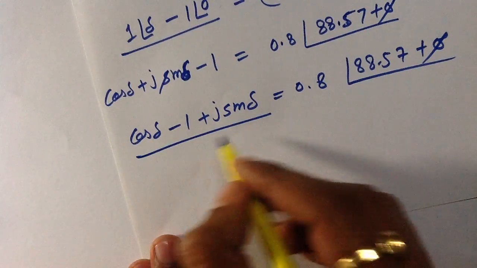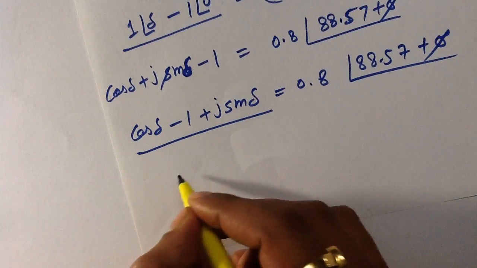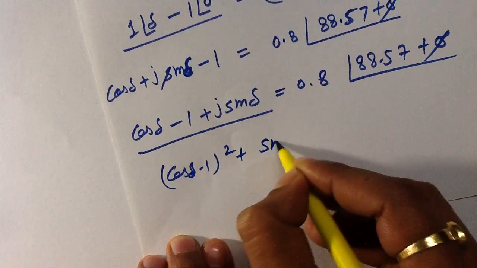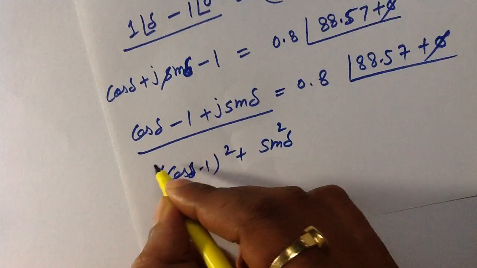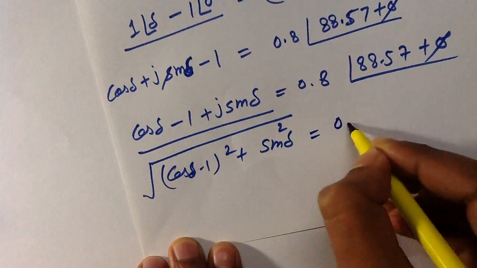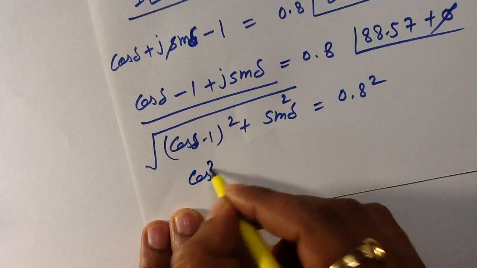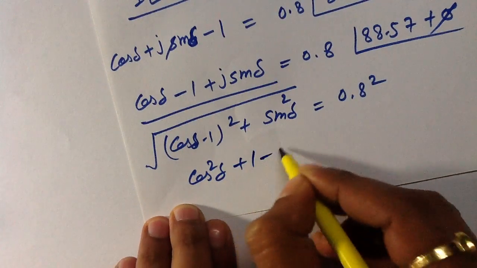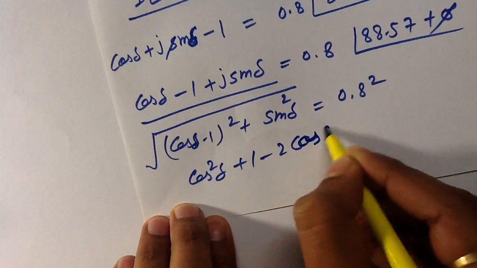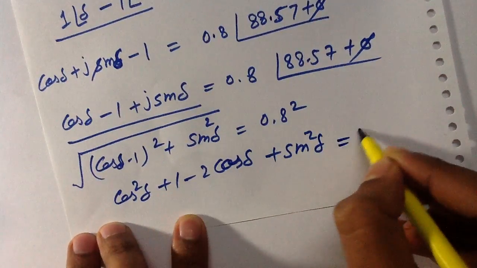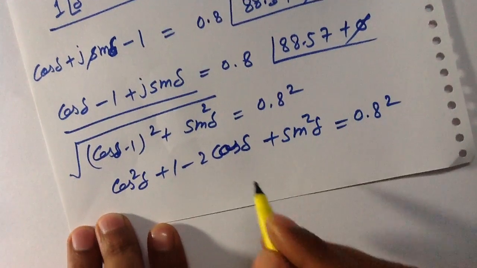Take the magnitude of the left hand side term: square root of cos delta minus 1 square plus sin square delta equals 0.8.